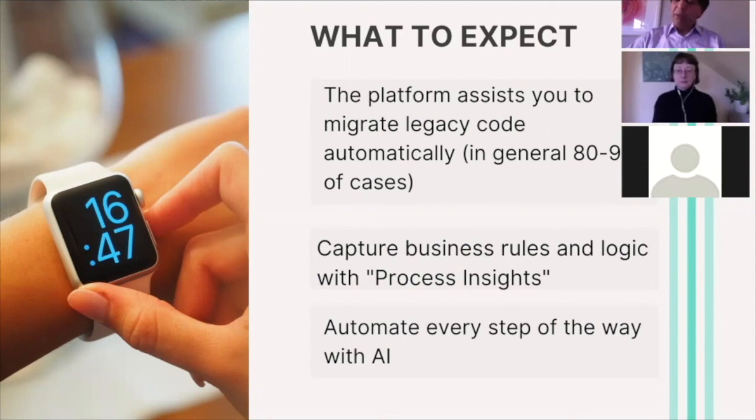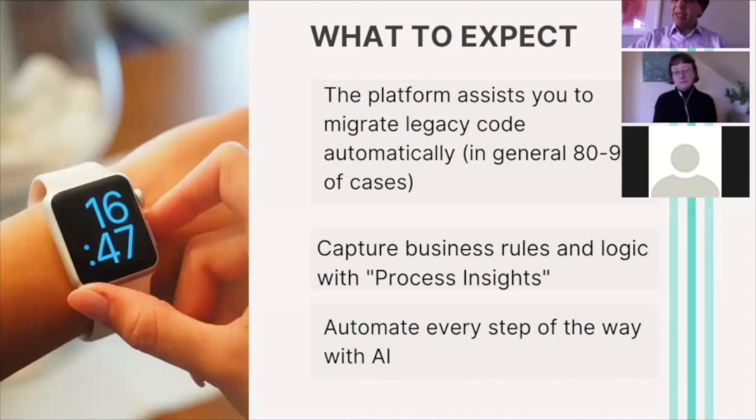In cases where more complex and extensive logic or processes are involved, you could use what we call Process Insights to examine each and every rule set. Every complex business rule embedded within the code and the module can be profiled automatically and documented for you.